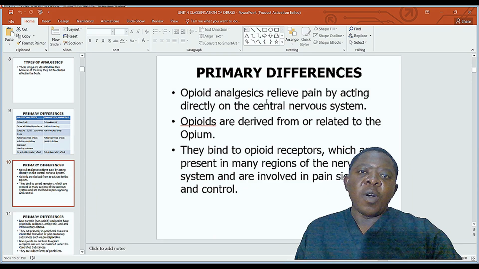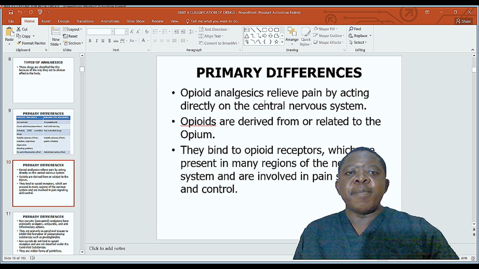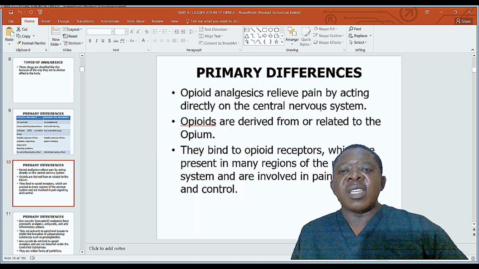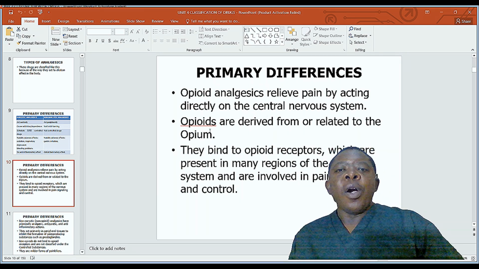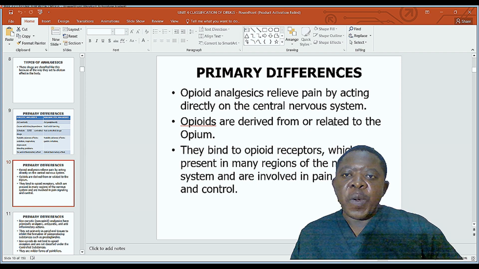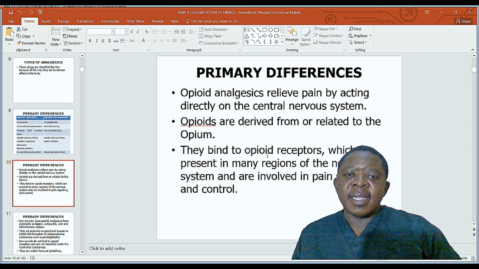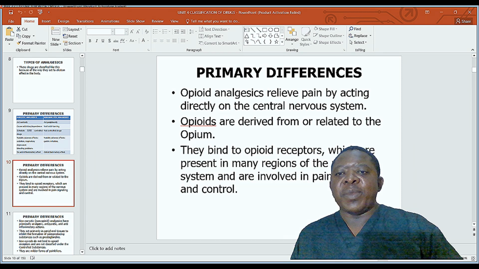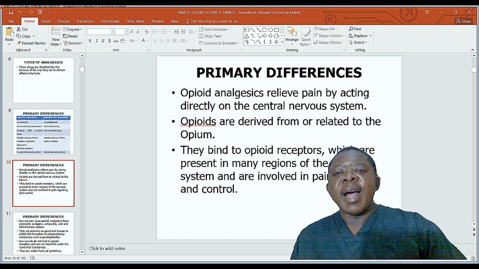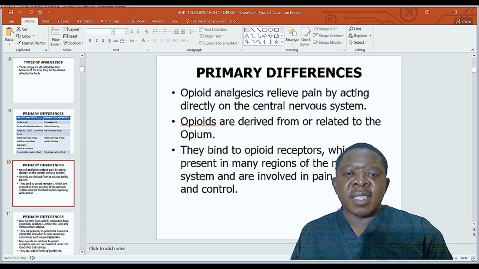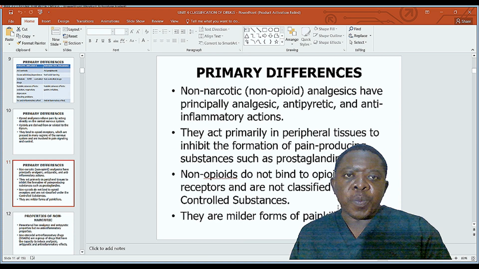Opioid analgesia relieve pain by acting directly on the central nervous system. Opioids are derived from or related to opium. They bind to opioid receptors, which are present in many regions of the nervous system and are involved in pain signaling and control.